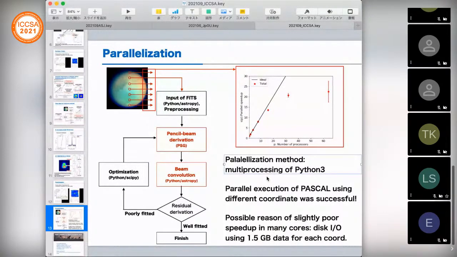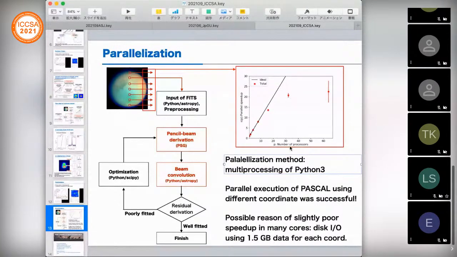Multiprocessing is very similar to OpenMP, and we have just 40 CPU cores. This plot shows the parallel speedups according to the number of processors. Because we have just 40 CPU cores, parallel speedup does not increase from 32 cores, but we successfully implemented the parallel execution method of PASCAL.